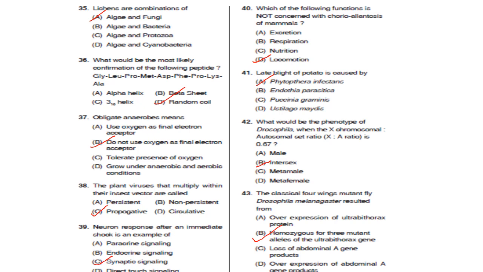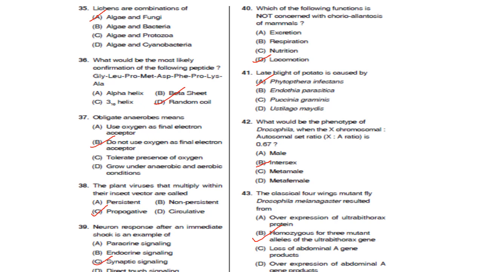So first option is paracrine signaling. Paracrine signaling is a form of cell signaling in which a cell produces a signal that induces changes in nearby cells. And if the signaling molecules, for example hormones, are secreted by specialized endocrine cells and carried through the circulation to act at distant target cells, then it is called endocrine signaling.